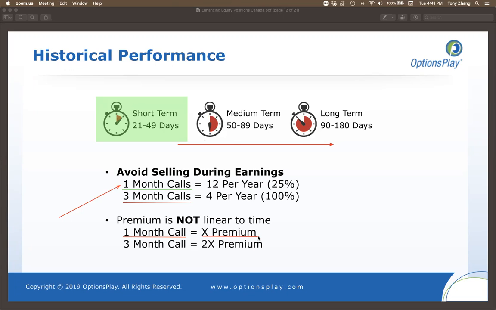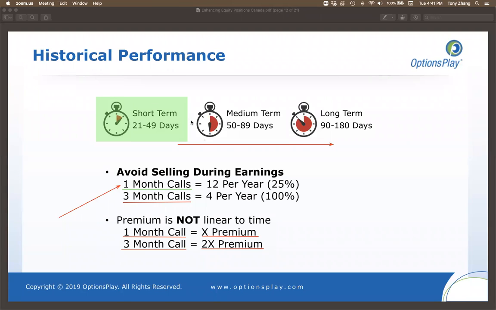When you go out to 3 months for that same stock, you're not going to get $3 for it. You're generally only going to get about $2. So by effectively taking on 3 times the amount of risk, you're not getting paid 3 times the amount of income. That's why it's better to be on the shorter end of the spectrum, because you get higher premiums for the amount of time that you're selling.